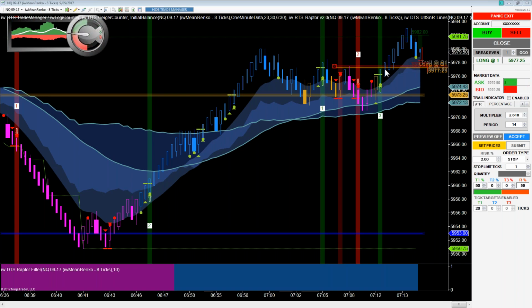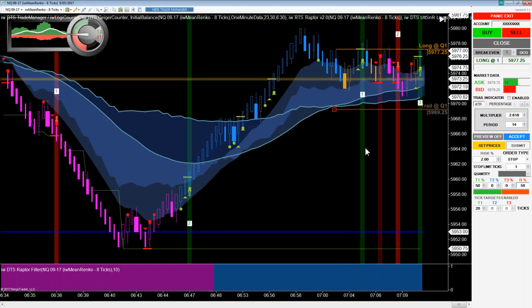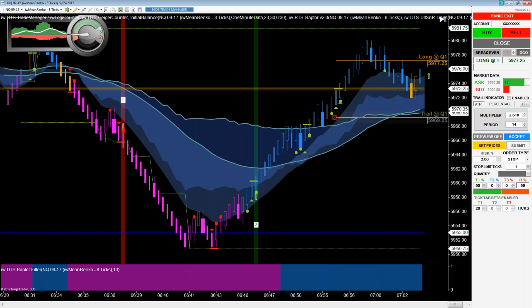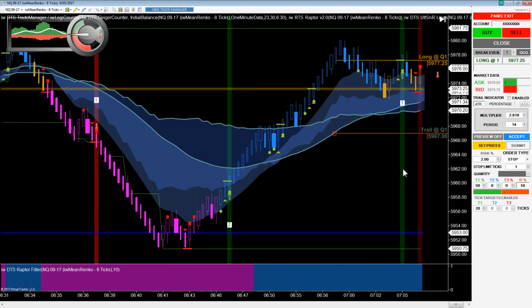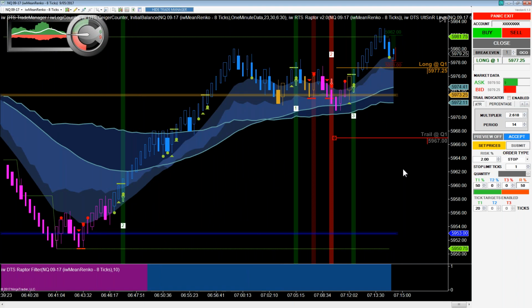See, the auto break even is going to be too quick here. If I hold, well, it won't allow me. I was going to say, if I try to hold my stop back here, the original stop placement, on the next push higher, that would actually be the time to roll your stops.